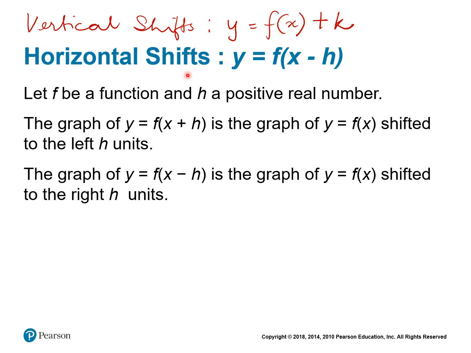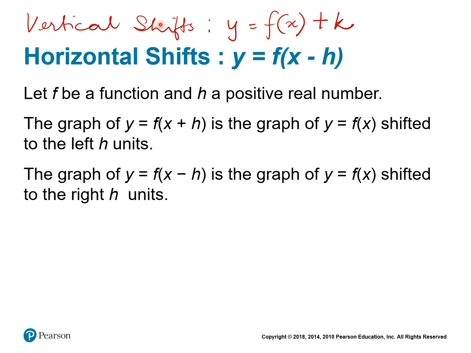In horizontal shifts, look at the form. It says first you add or subtract a quantity to x, and then you evaluate the y value. So first we are adding or subtracting a quantity, as the case may be, to x, and then we are evaluating the function and finding the value of y.